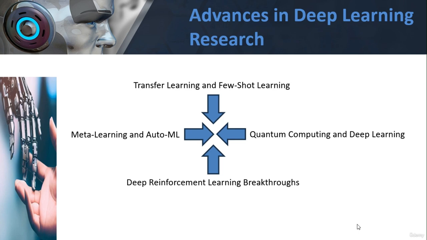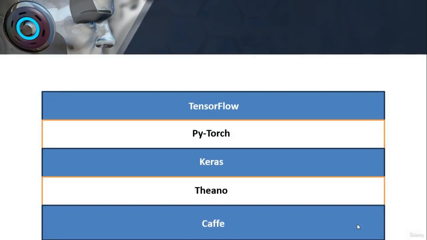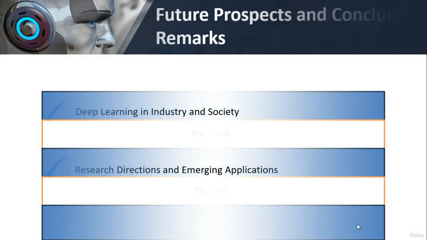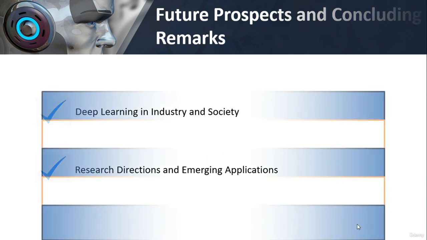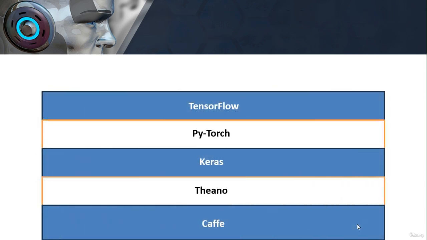Next, we have implementing deep learning tools and frameworks. We will discuss some of the important ones, but there are much more. First, we have TensorFlow. TensorFlow, developed by Google, is a popular deep learning framework known for its flexibility and scalability.